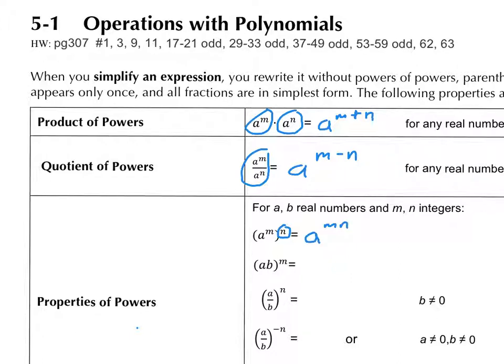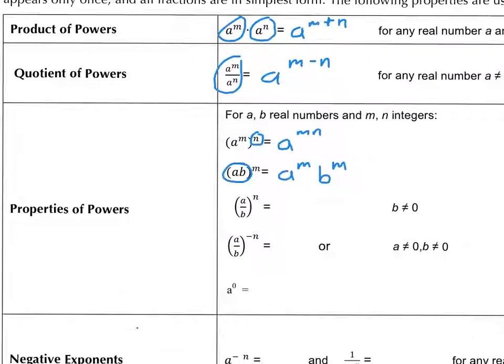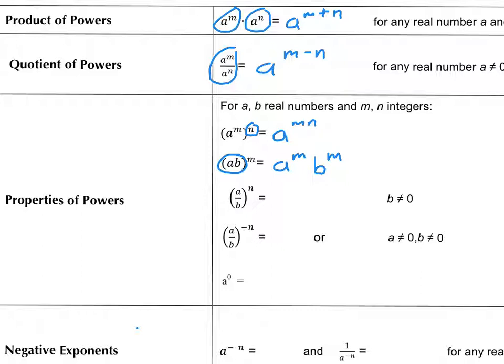When you have a product on the inside of the parentheses, you need to make sure that the exponent hits both of them. So the m hits the a, and it also hits the b. Same thing if you have a quotient. You need to make sure that the exponent hits both the numerator and the denominator.